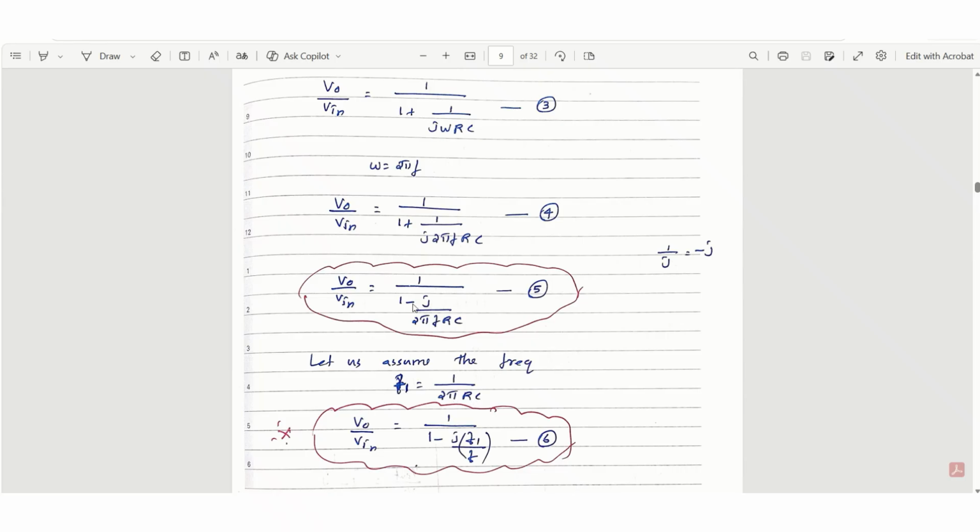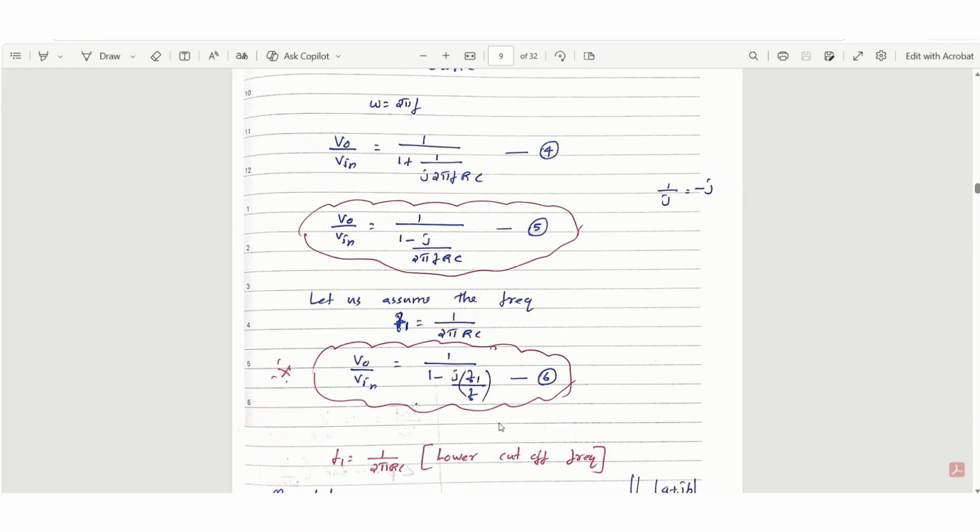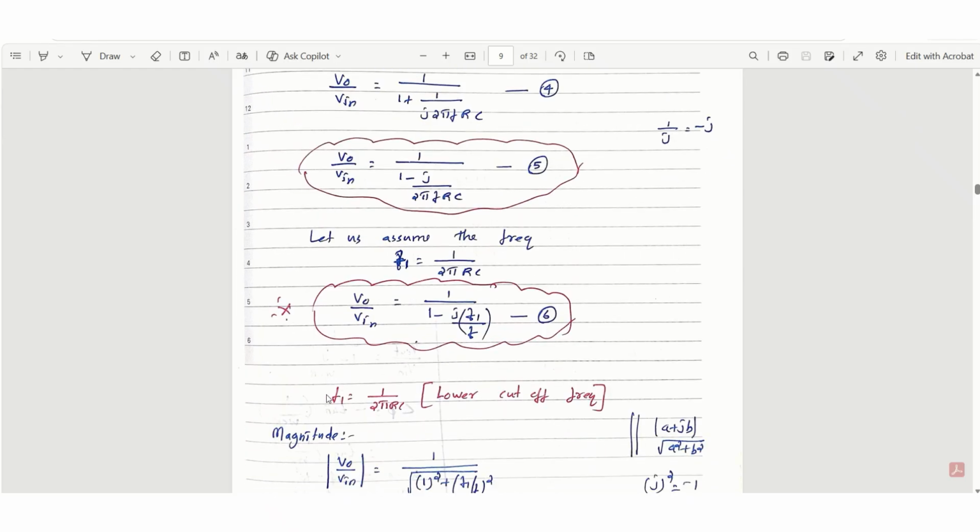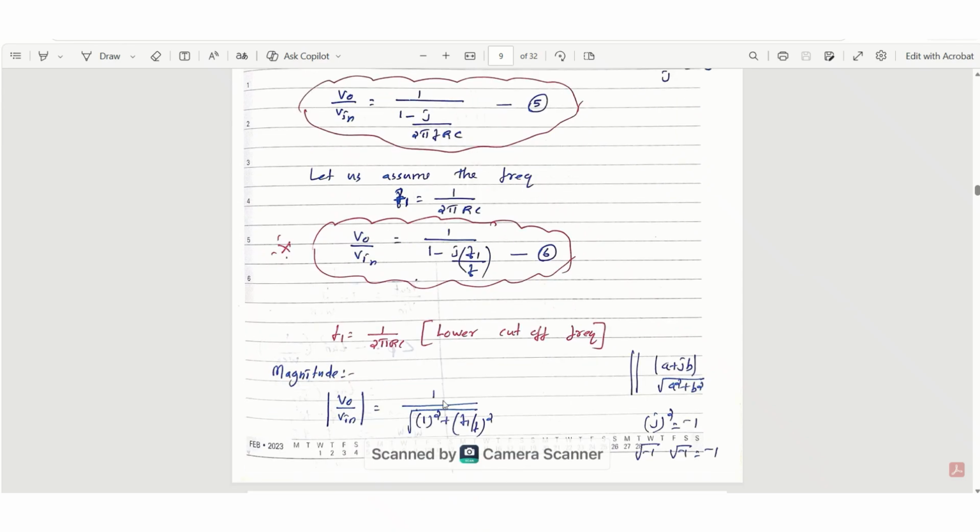So we can rearrange equation 5 as V0 by Vin equal to 1 upon 1 minus j F1 by F, where F1 or FL is the lower cutoff frequency of the high pass filter.